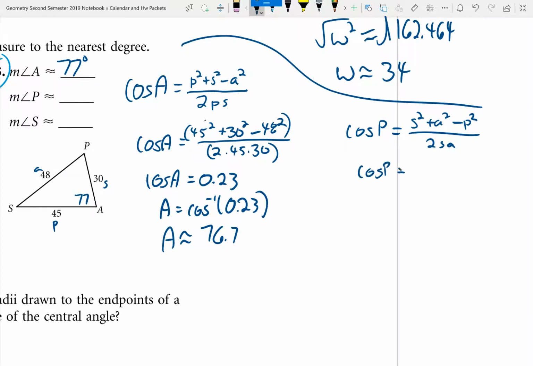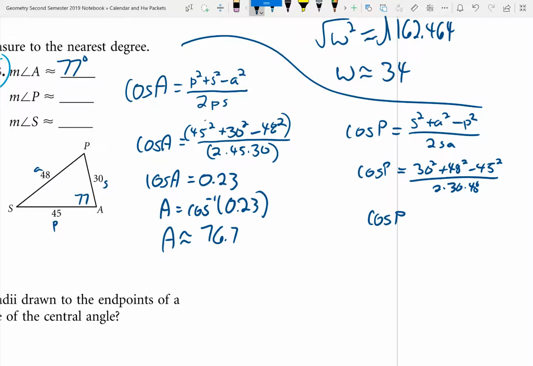So cosine of P equals 30 squared plus 48 squared minus 45 squared, over 2 times 30 times 48. Okay, so that's 30 squared plus 48 squared minus 45 squared.